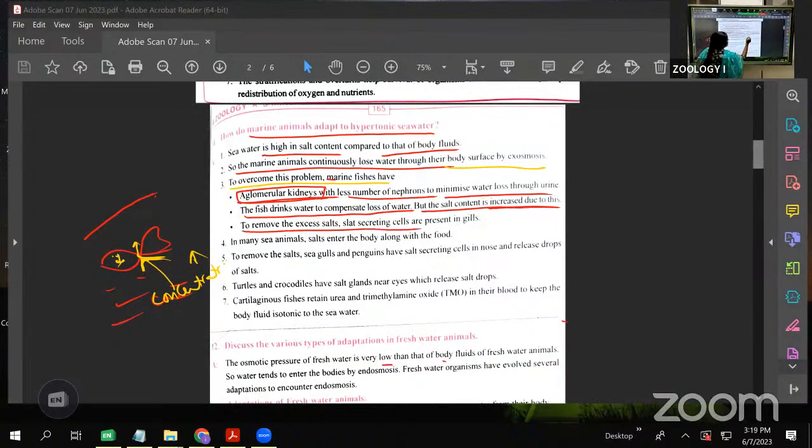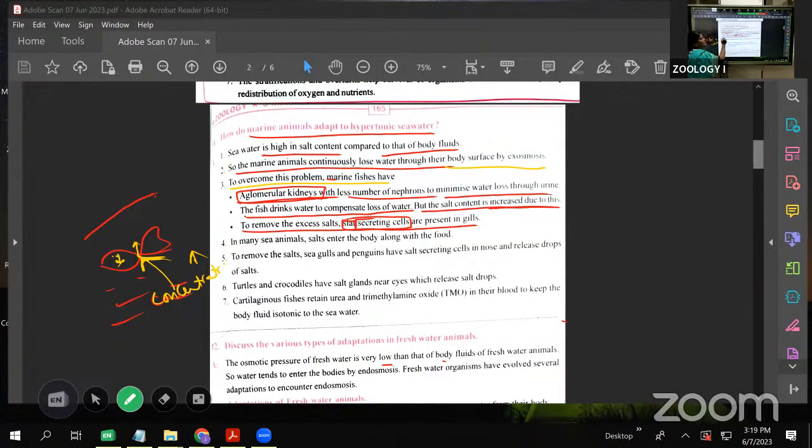One more adaptation is there: salt secreting cells. They have aglomerular kidneys with fewer nephrons, and fishes drink more water for the loss of water, but their bodies then have more salt content.